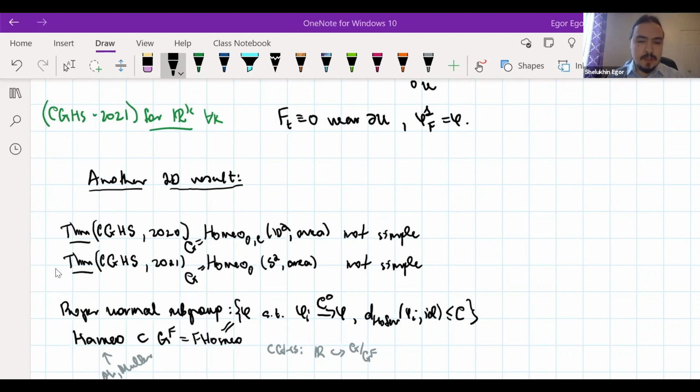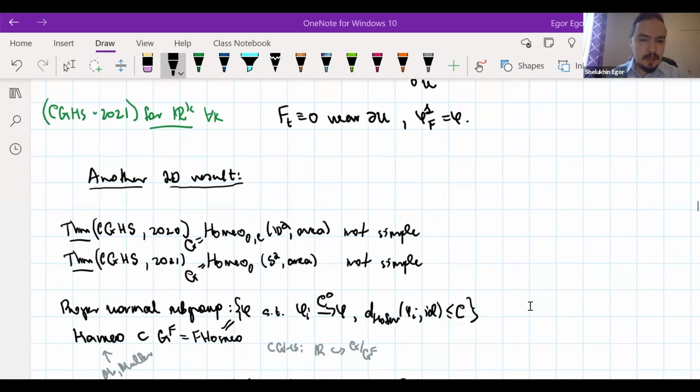And CGHS prove that R embeds in the quotient G over G_F, which is a normal subgroup. So then definitely these two groups are not the same.